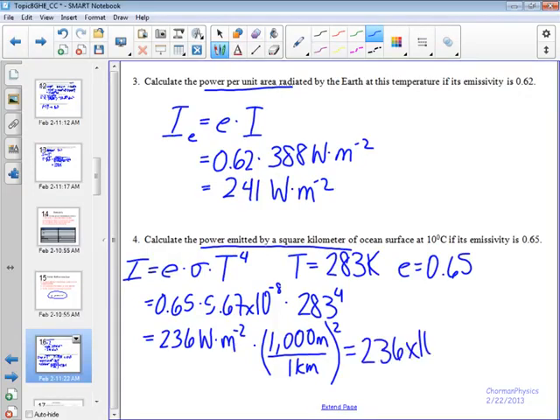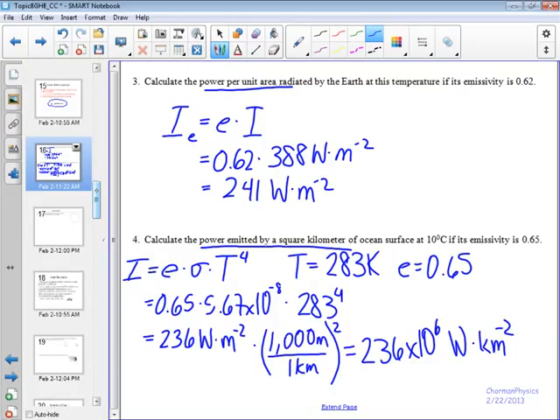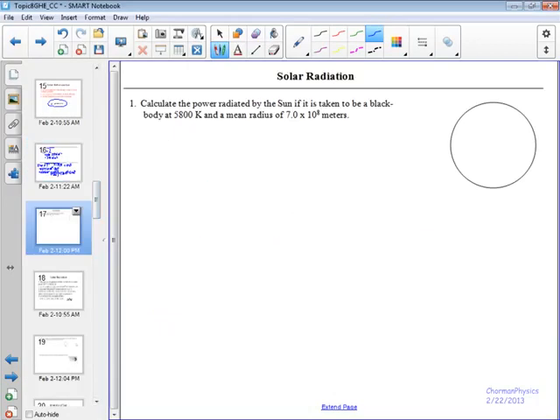What we end up with is 236 times 10 to the 6th watts per kilometer squared in terms of the intensity of radiation emitted by the ocean, since it does have a temperature. All right, so another example here.